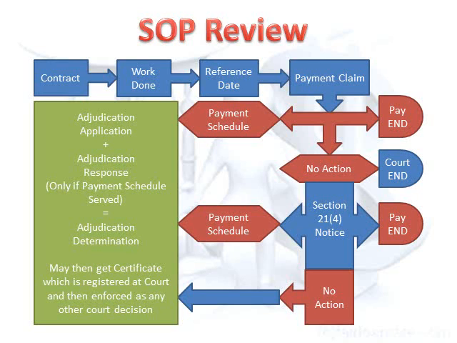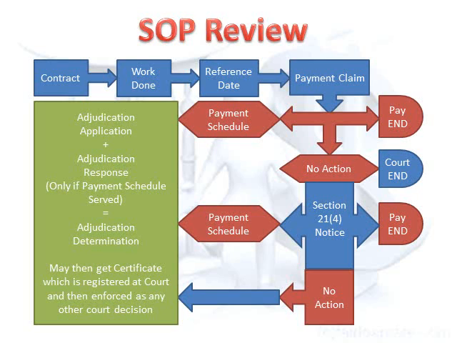11. The client has 10 business days to lodge an application response or adjudication response from the receipt of the adjudication application, or 5 days from the receipt of the adjudicator's notice of acceptance, whichever is the latter. 12.